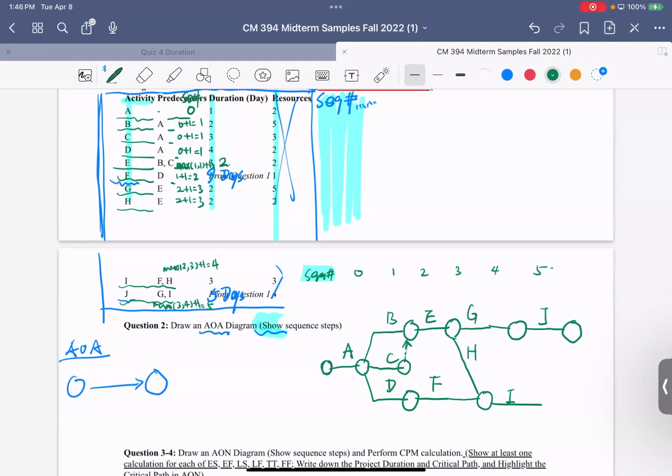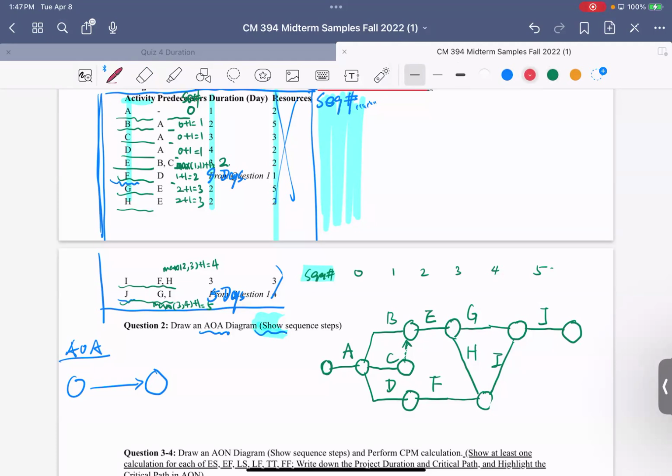And then we are moving this I up. So this will be your I. We only need the one dummy for this one. And then we can start to number those, right?